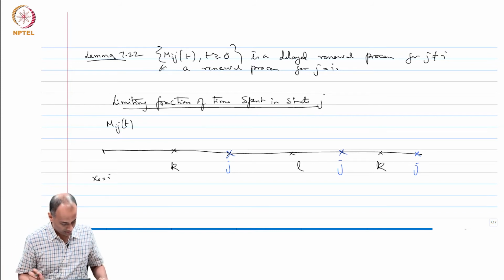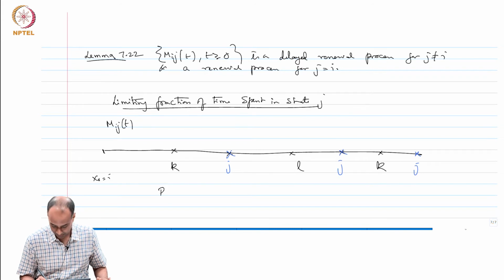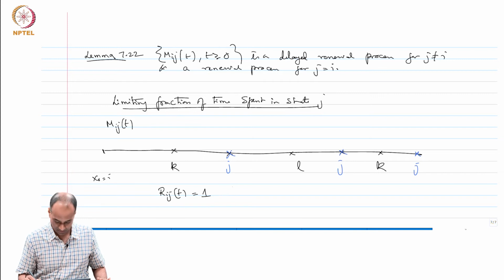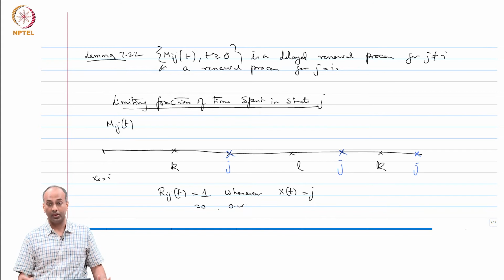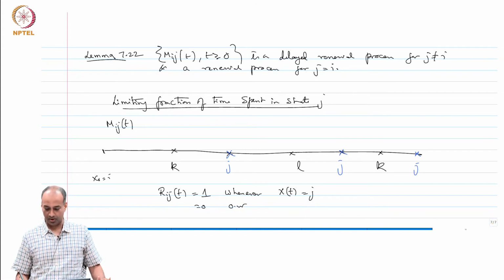Now I am going to create a reward Rij of t, equal to 1 whenever X of t equals j and 0 otherwise. This is my reward process.